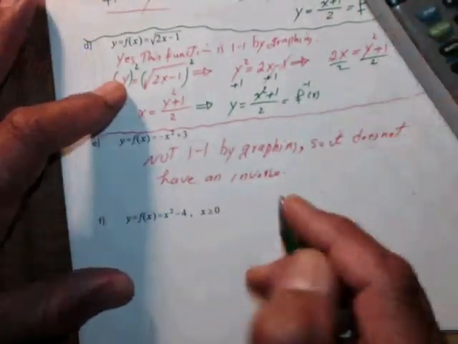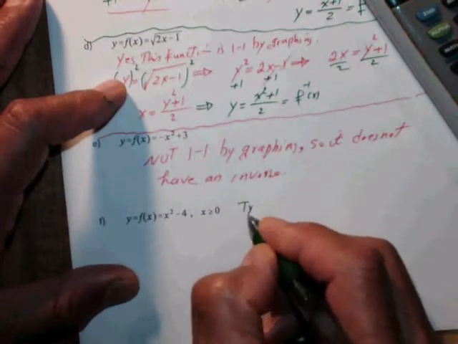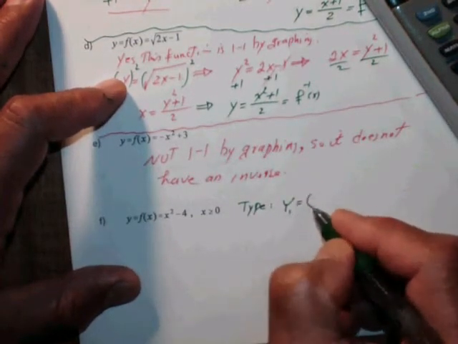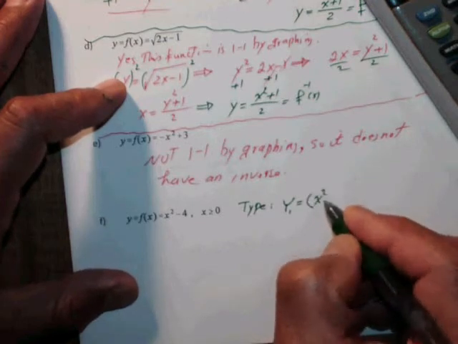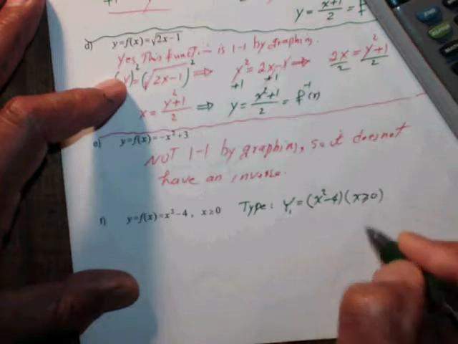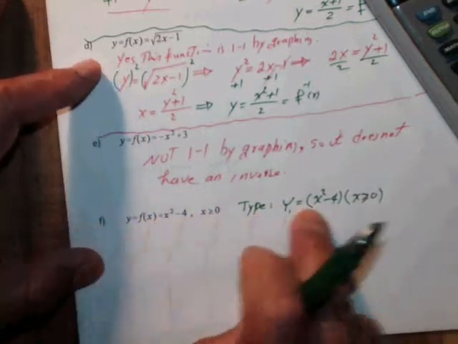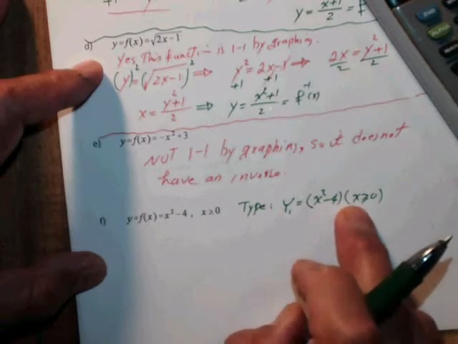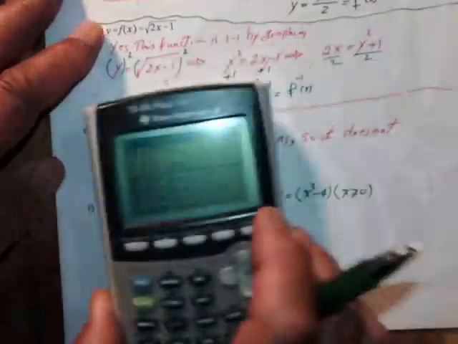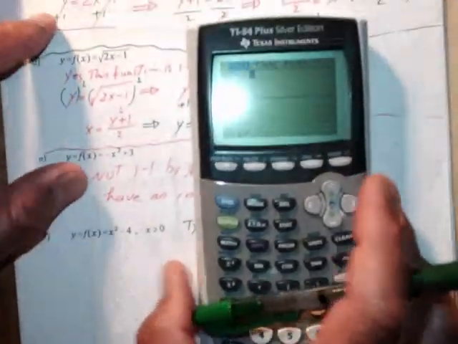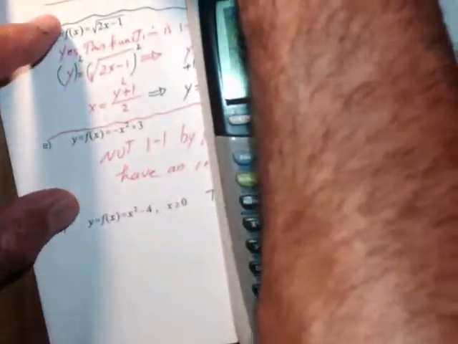You see, type y1 equal to x squared minus 4, so x bigger than or equal to 0. So if you want to graph it with your graphing calculator and put this condition in, this is what you need to do. Okay, so let's do that. Maybe I should make this one a bit bigger so you can see it.